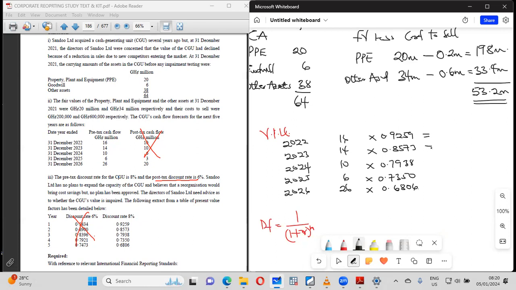When we do this, how much are we getting for our VIU? Because we need a recoverable amount and we need to pick the greater of that and the fair value less cost to sell.